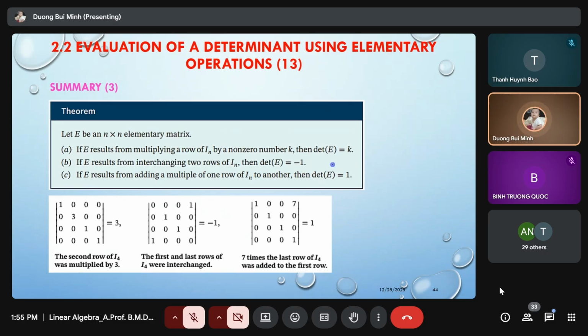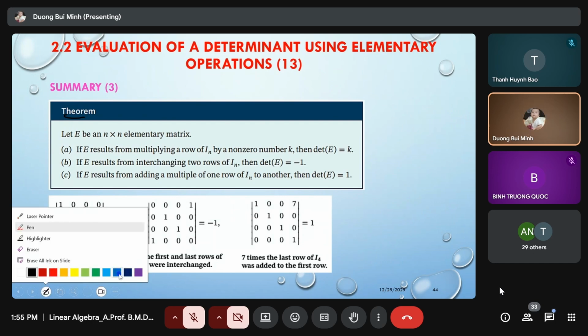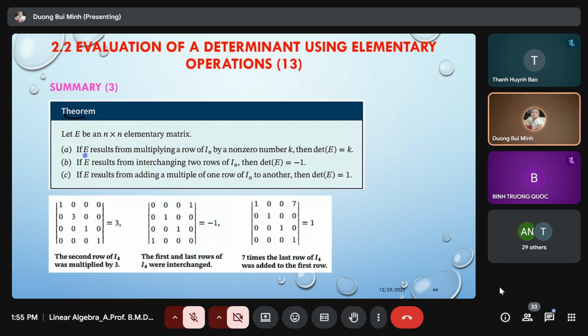And then the theorem: if E results from multiplying a row of the identity matrix by a non-zero number k, then the determinant of E is k. That means we have the identity matrix, and then we can get E by this rule.